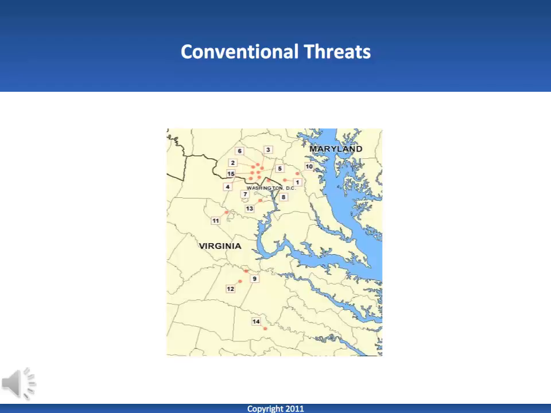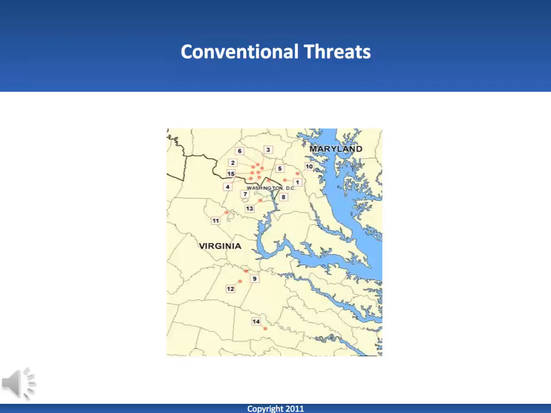Another attack that is considered a game changer that you will hear more about as we move through the course is the attacks on Mumbai in 2008. And why this attack is significant from a conventional threat is it used small mobile teams of terrorists to terrorize the city for about 60 hours, killing more than 160 people.